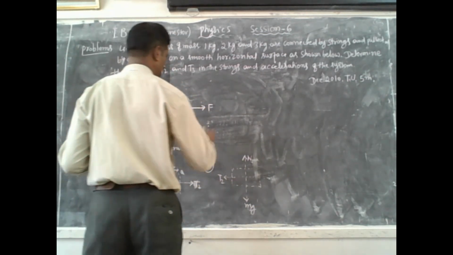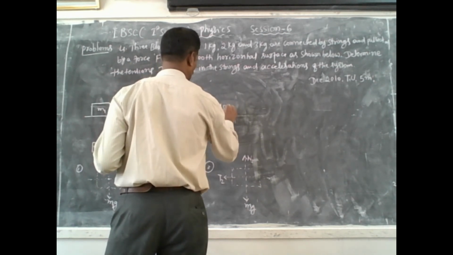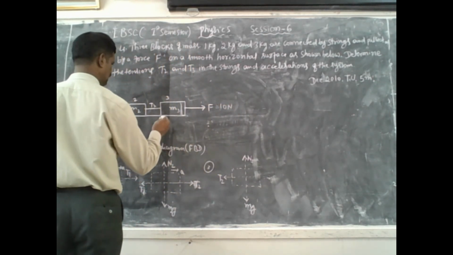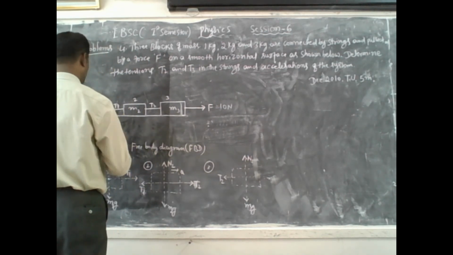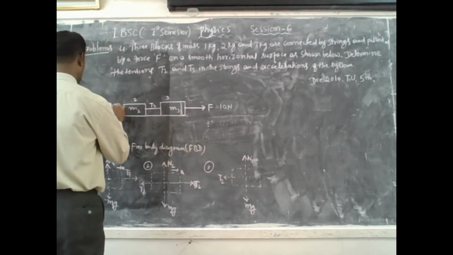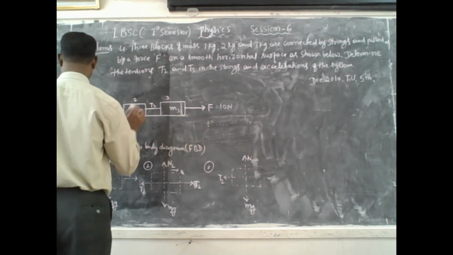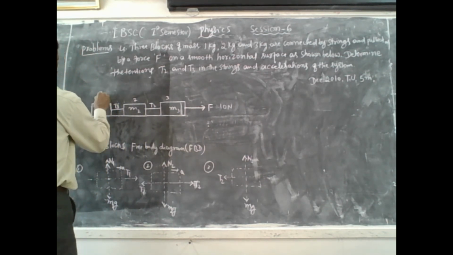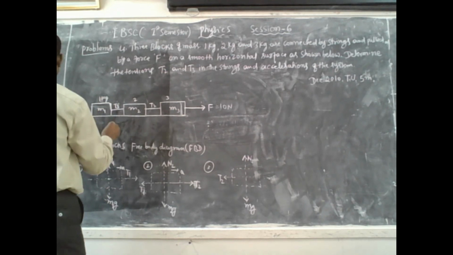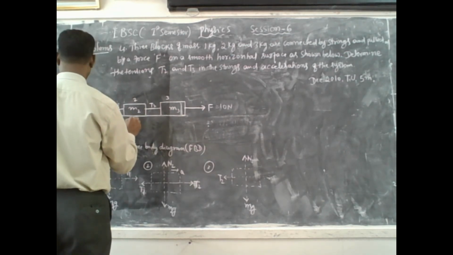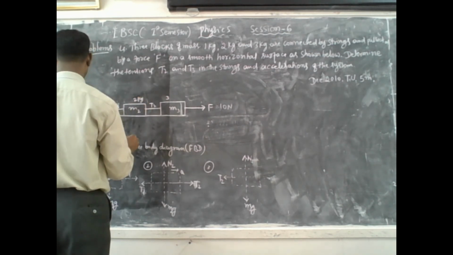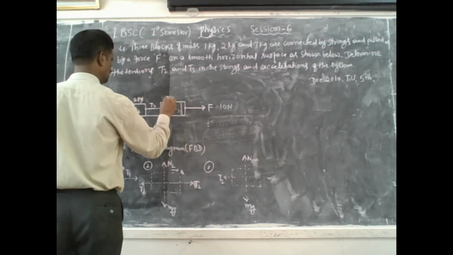F is equal to 10 Newton and M3 is equal to 3 kg. This is T3 and this is T2. M1 is equal to 1 kg, M2 is equal to 2 kg, and M3 is equal to 3 kg.